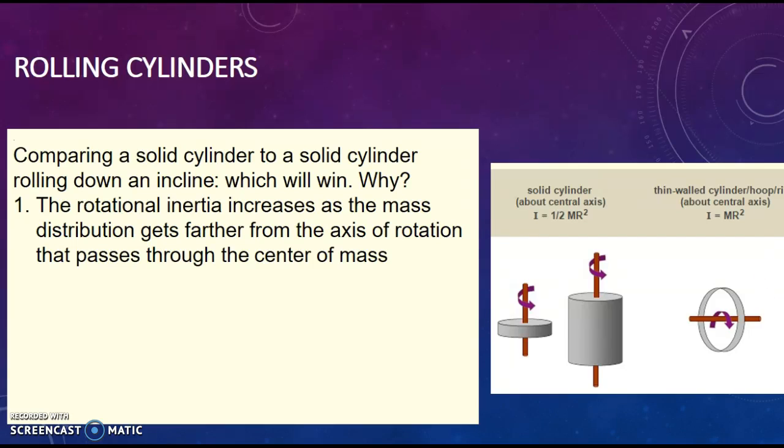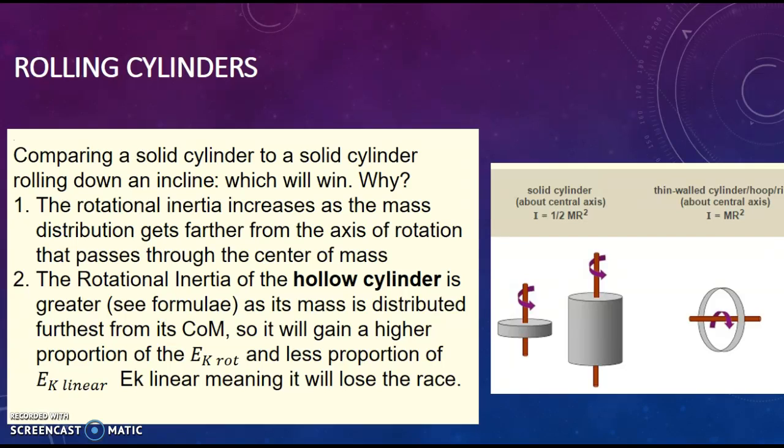So for this one on the right hand side, the rotational inertia will be greater. So the hollow cylinder will gain a higher proportion of the rotational kinetic energy, which means there'll be less of the energy left for its linear kinetic energy, and so therefore it will come last in the race.